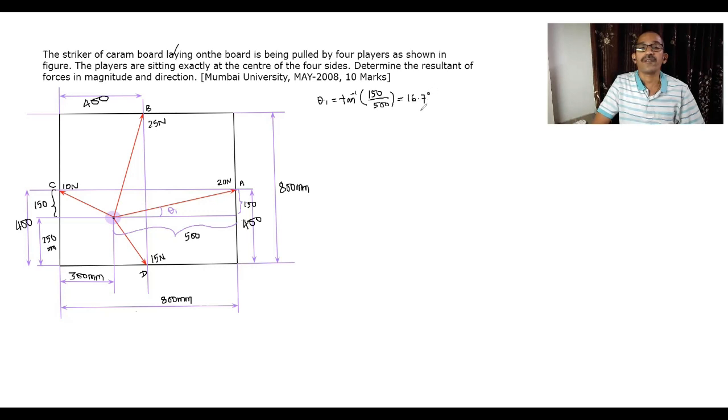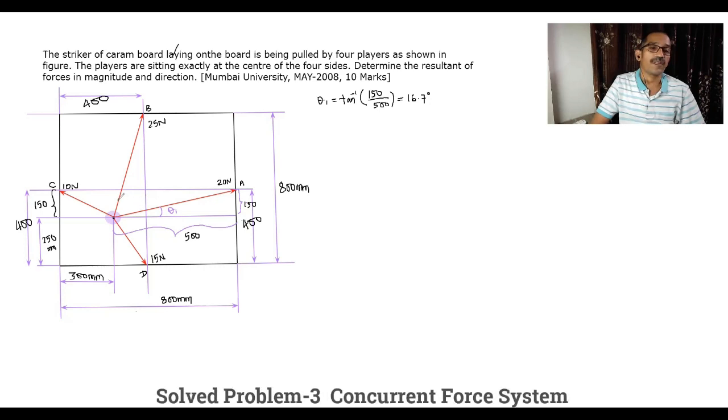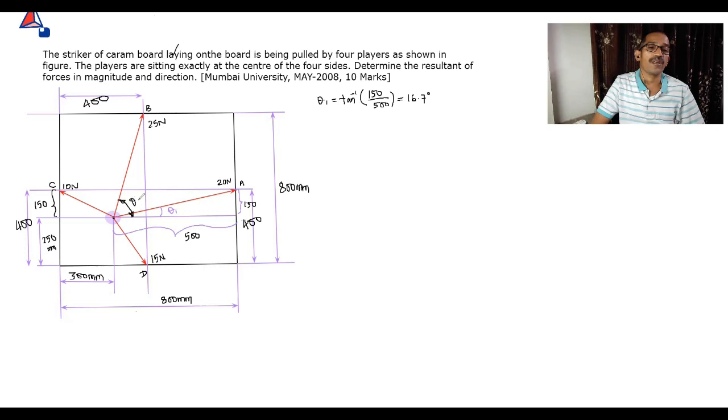Now we'll find the next inclination, the inclination of the 25 Newton force. I'll assume this angle as theta 2. The length of the opposite side: the total height is 800, and from that we subtract the lower distance, 250, or this 150 plus half of 400.